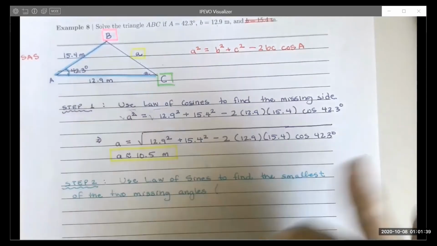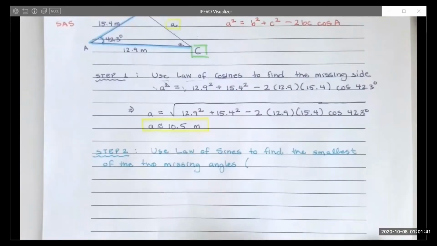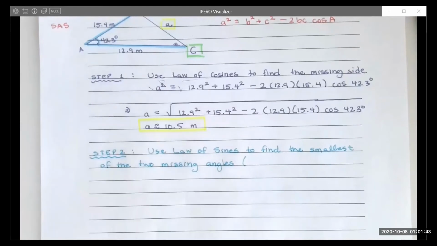Okay, why would we want to do that? Well, if we find the smallest of the two angles, we know that the smallest angle cannot be obtuse, right? So therefore, we wouldn't have to worry about considering the two possibilities for the ambiguous case of sines. We would just find one angle, and that is the one that we're interested in.